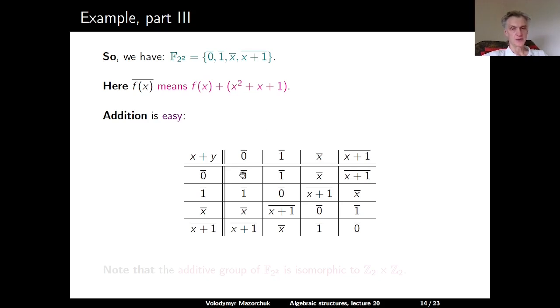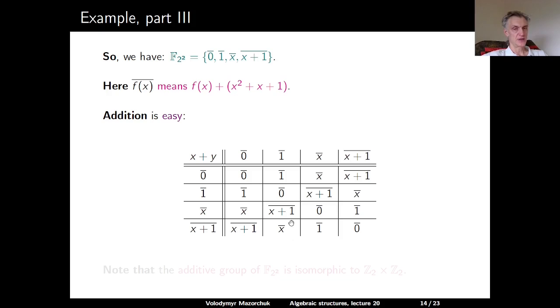So 0 plus 0 is 0, 0 plus 1 is 1, 0 plus x is x, 0 plus x plus 1 is x plus 1. And similarly, that's a commutative operation, so the first column is similar. 1 plus 1 is 0, 1 plus x is x plus 1, and 1 plus x plus 1 is x.